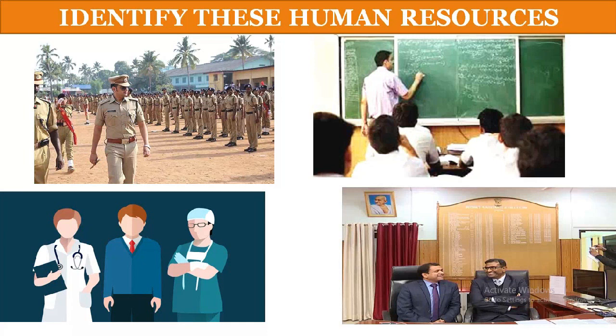Students, in picture number 1, we can see there's a police officer, an IPS officer, usually responsible for maintaining the law and order of the city or of the area he is employed in. Then we have teachers. Of course, we all know that without teachers we would not have reached the place where we are today. Doctors.